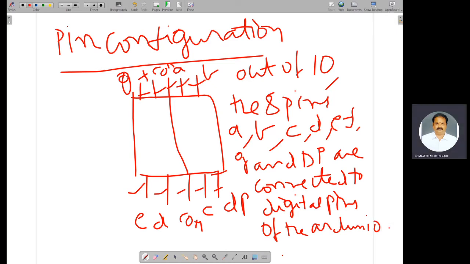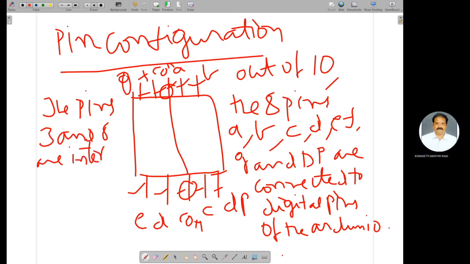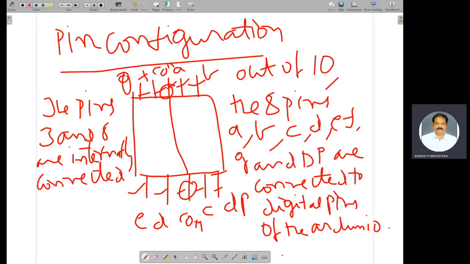The pins 3 and 8. This is the third pin. This one is the 8th pin. The pins 3 and 8 are internally connected to form a common pin, as shown in the figure.